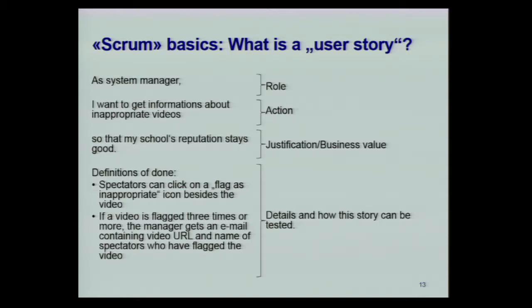So that's how a user story could look like. A user story needs to be somewhat small, so it must be possible to do that user story in one sprint. If it's bigger, then you call it an epic and subdivide it.